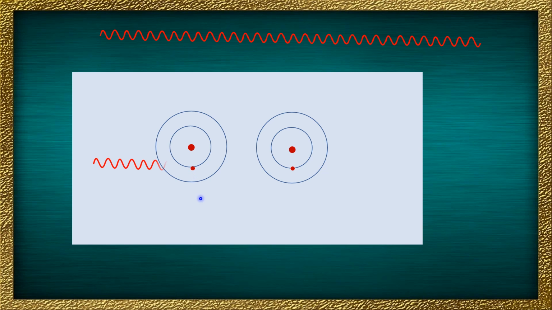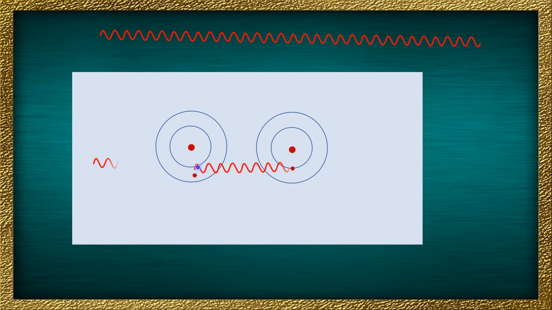If the frequency of the vibration of the electron does not match with the frequency of the incident light, this vibrating electron re-emits the light with the same frequency.